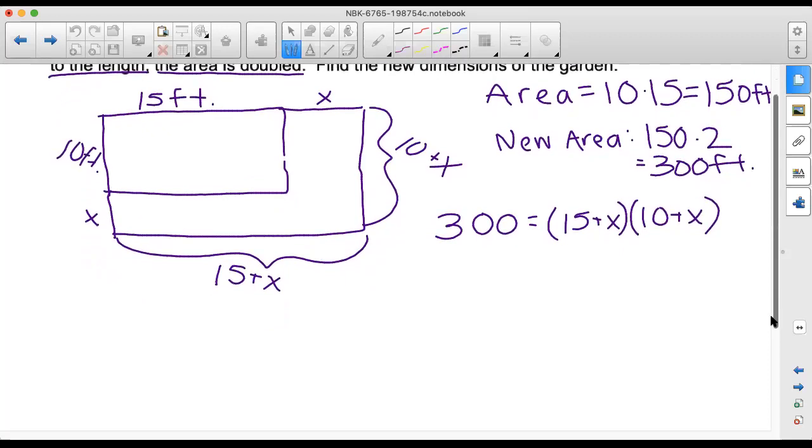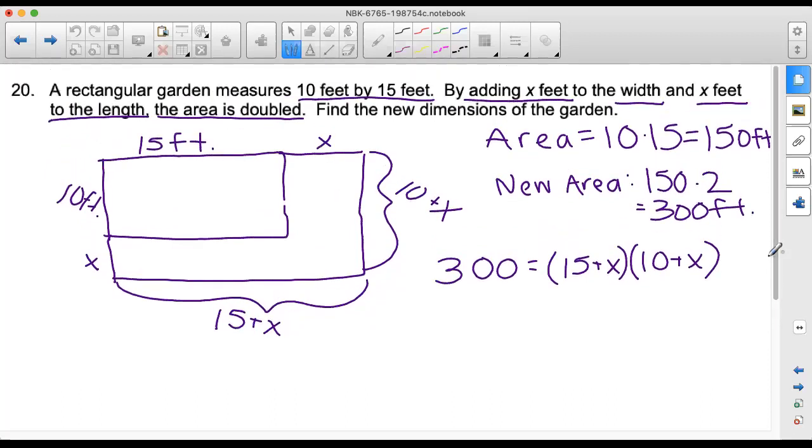And I think we are good from here on out. Setting up the diagram and the equation is the most important part of the problem. I'll give you a hint here. They're asking you to find the new dimensions of the garden. So when you find that x, you're going to have to go back and find the new dimensions of the garden.